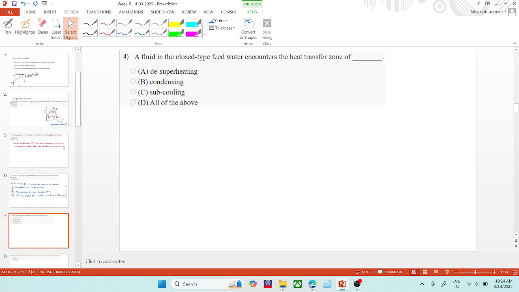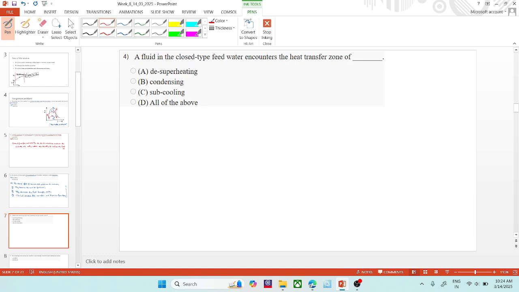Next is: in a closed type feed water system, water encounters the heat transfer zone of.